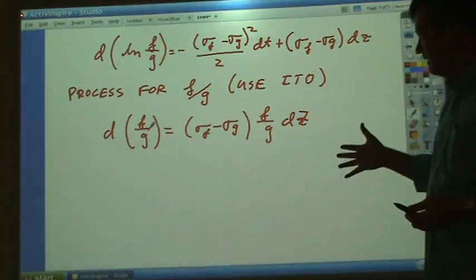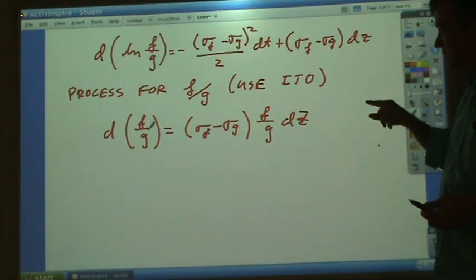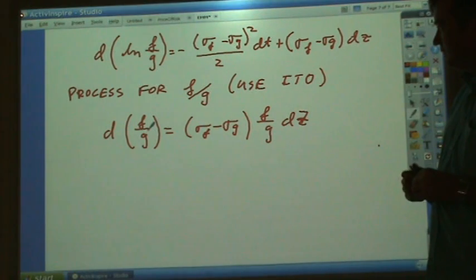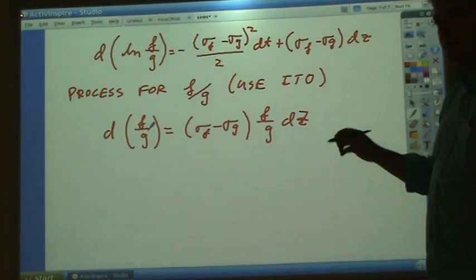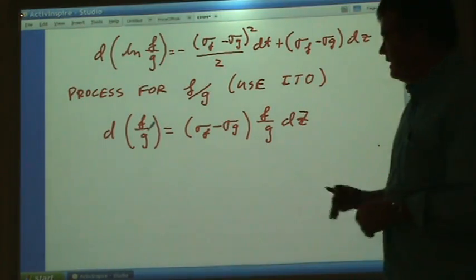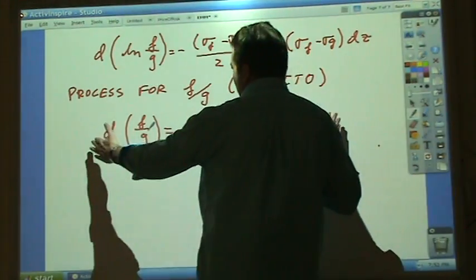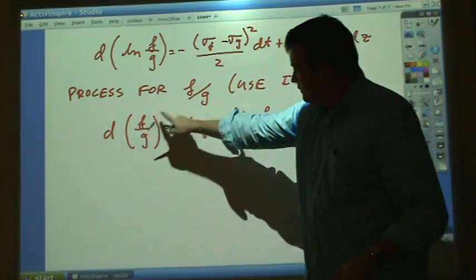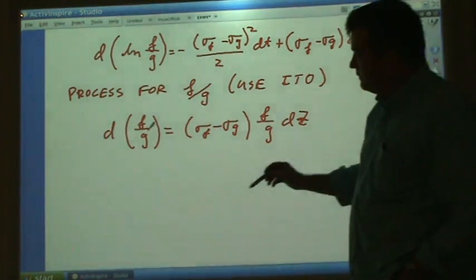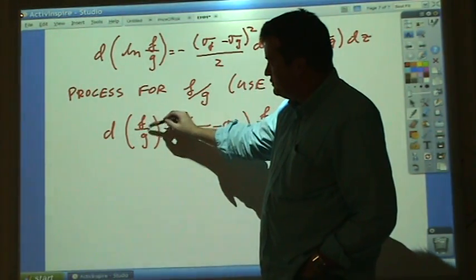But the interesting result here is there's no drift. Right there. Because of the possibility of a negative volatility, right? Isn't that a part? No, I'm just saying this equation, Ito's lemma would produce this equation for the process of f divided by g.